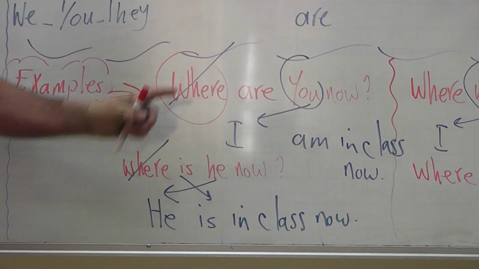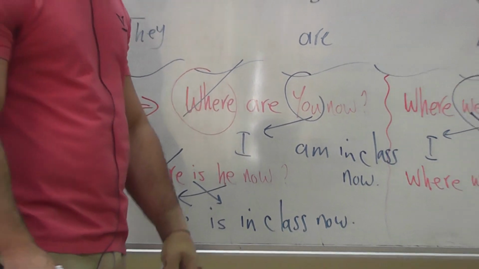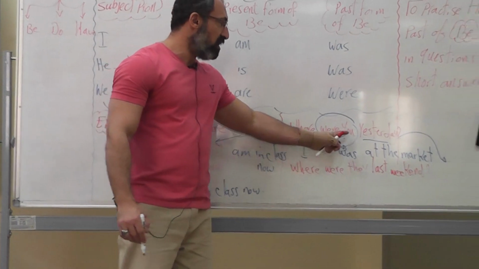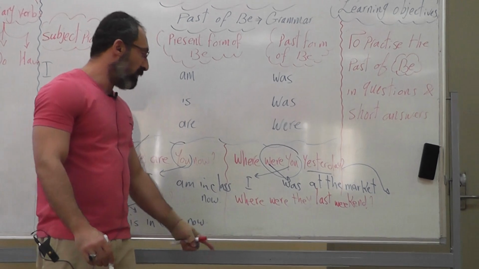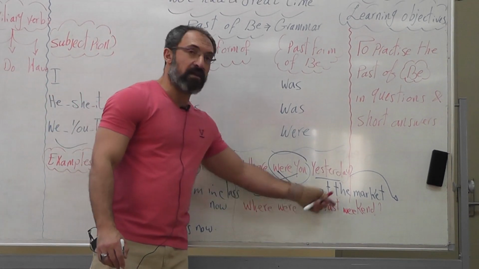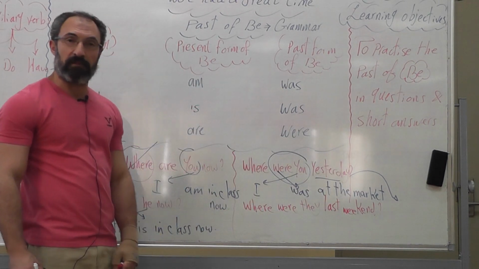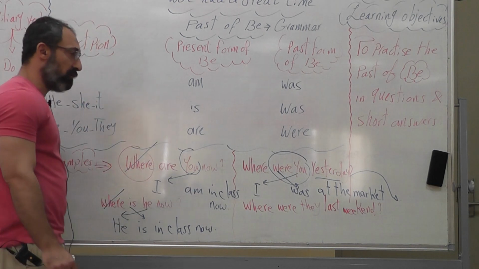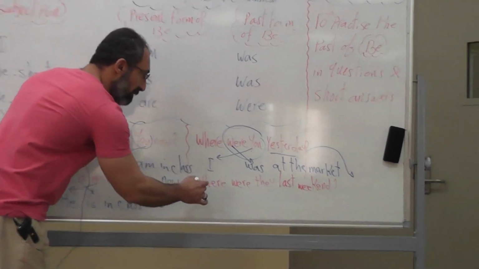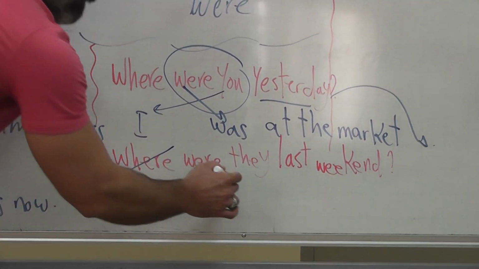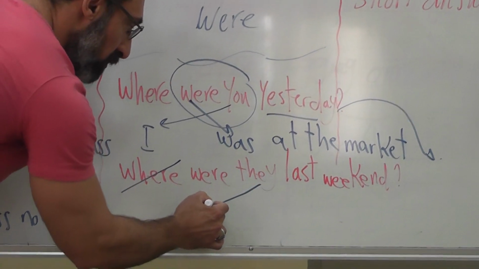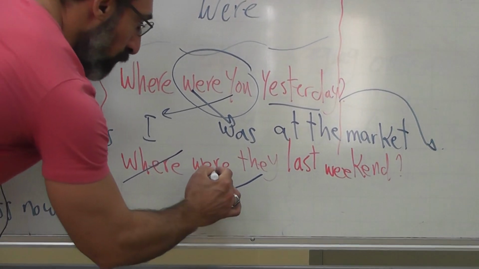Okay, on the other hand, we have one more question, and we change you, which is a subject, to they. So again, where were they last weekend, for example? Can we answer it? Of course, yes. First of all, we have to omit where. Then we have the subject they to be crossed with where.